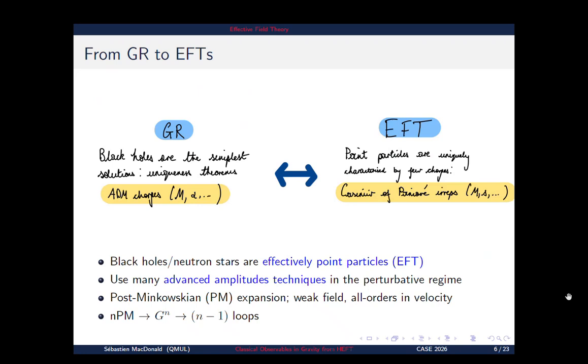It's going to allow us to use a lot of amplitudes techniques. We're going to focus on the PM expansion, which is not an expansion in the orders in velocity, but it's a weak field expansion. If you read any literature on this, just to let you know, nPM just means a calculation to nth order, and this usually is like n-1 loops.